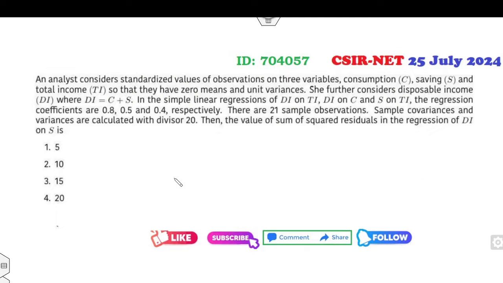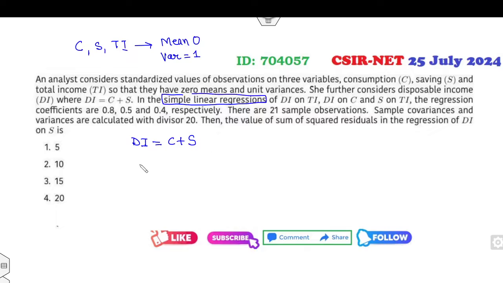Okay, look at this another one. The analyst considers the standard normal observations C, S and T, each having mean 0 and variance 1. Consider the relation D of i, which is C plus S. Now they are talking about simple linear regression.